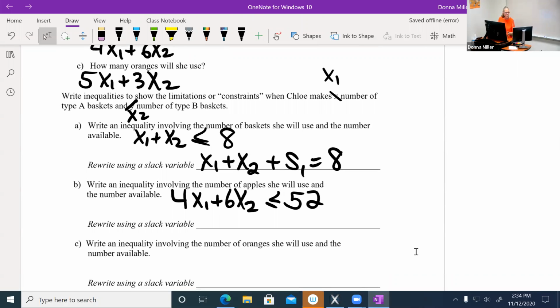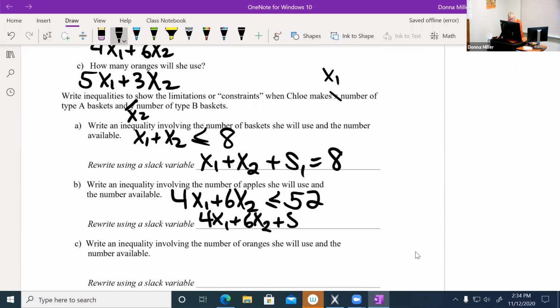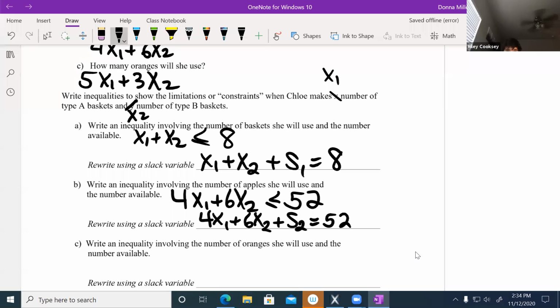That's why they call it S1, S2, S3, because they're all different items. So it's 4X1 plus 6X2 plus another slack variable, call it S2, equals 52. What does S2 represent? Leftover apples.